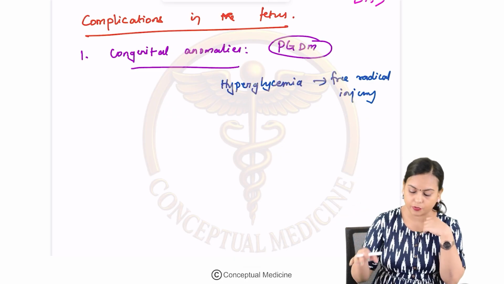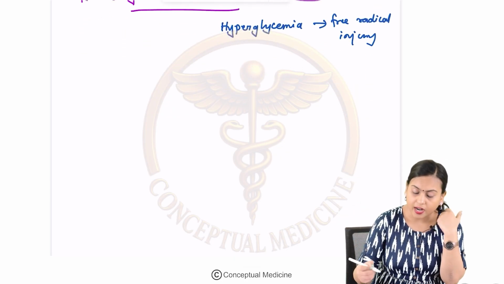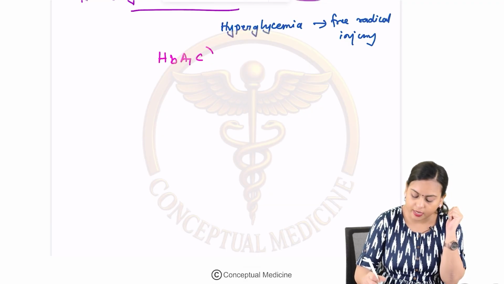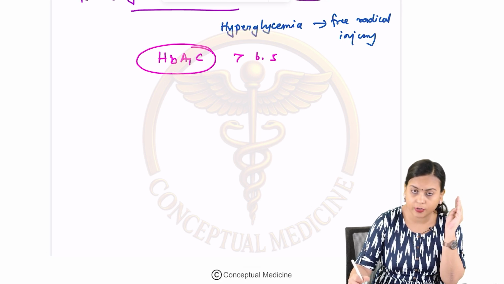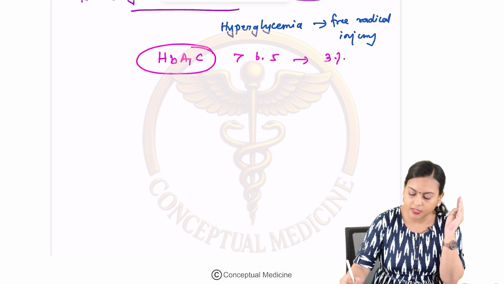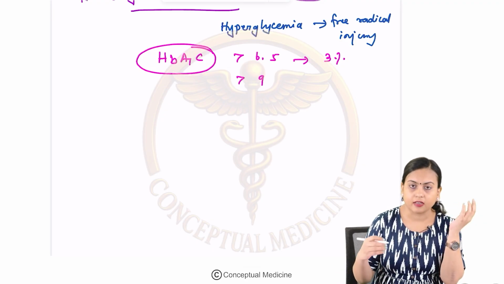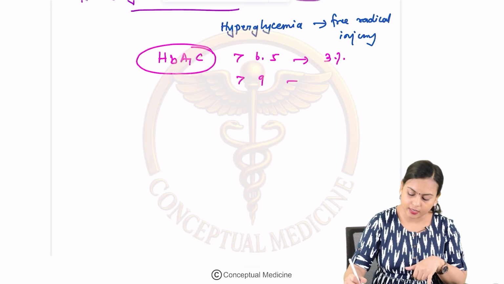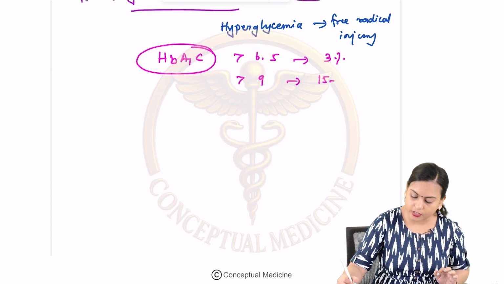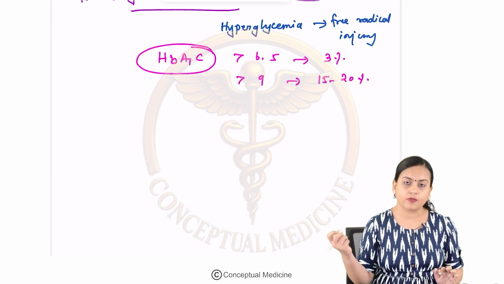Okay, understand this point. So, I also want to tell about the HbA1c value. If the HbA1c value is more than 6.5, then there is a 3% chance of congenital malformations. Suppose it goes up to 9, then the risk of congenital malformations increases up to 15 to 20%.